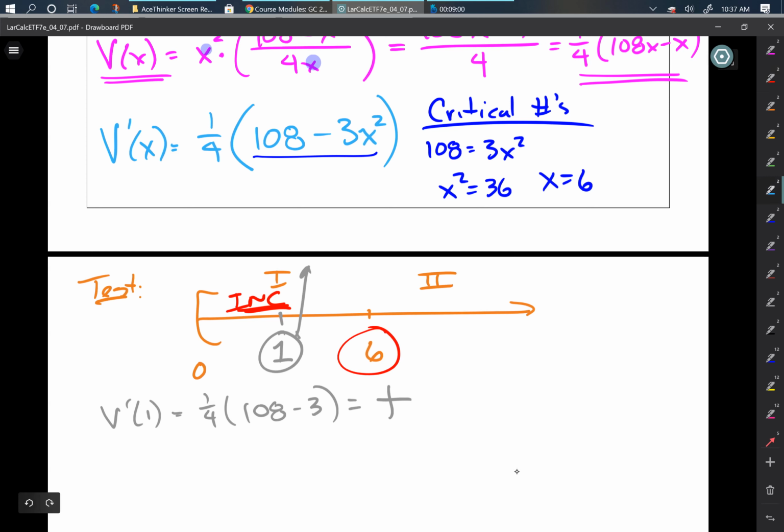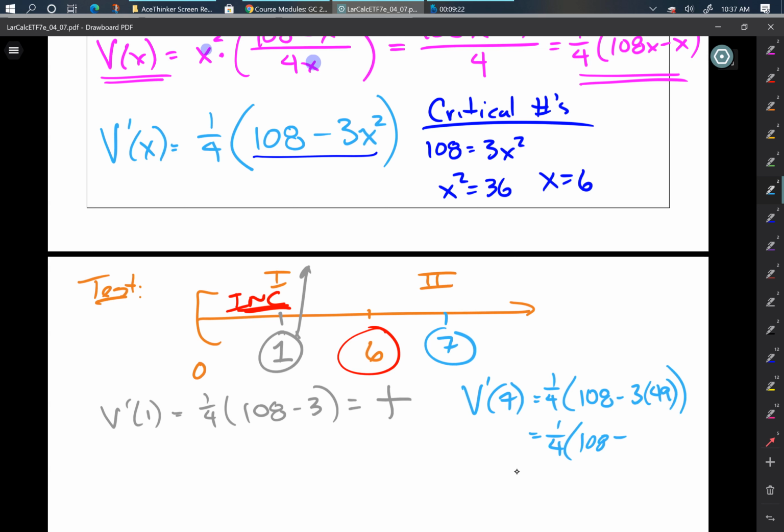So let's check. For interval number 2, I'm going to use 7 just because I can. So what is v prime of 7? v prime of 7 is 1/4 times (108 minus 3 times 49). 3 times 49 is 3 times 50 minus 3.